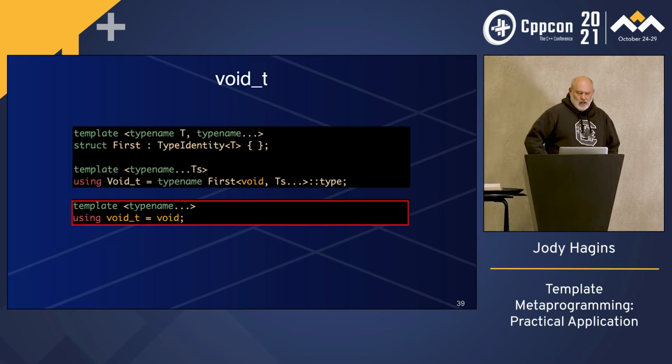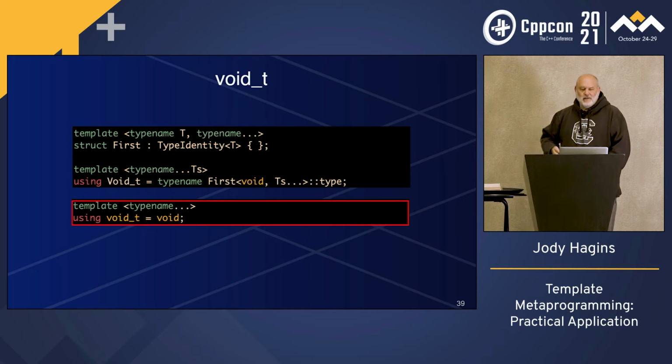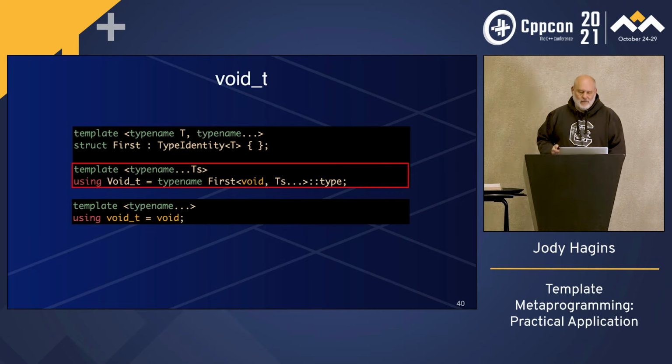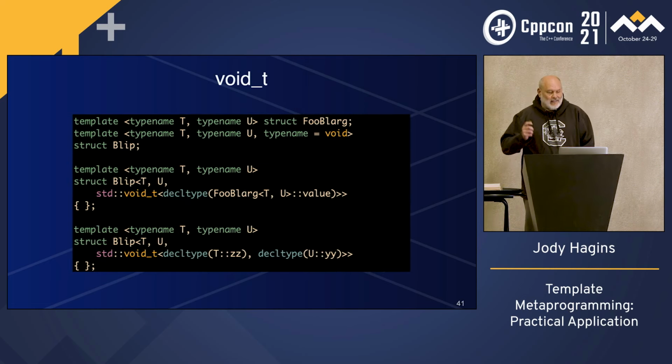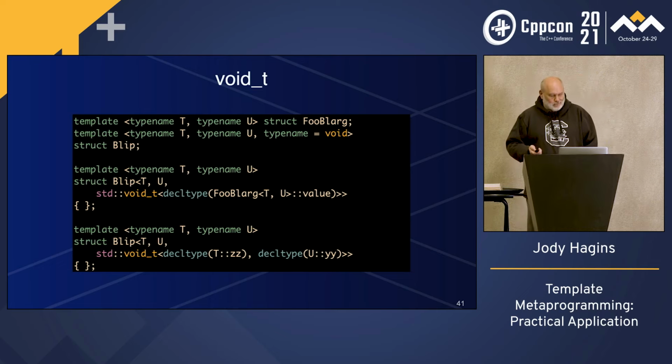So if we look and see, void_t is a pure or direct alias template. Our void is an indirect alias template. Looking at another example, now this example I did, you can tell because it has foo blarg in there.